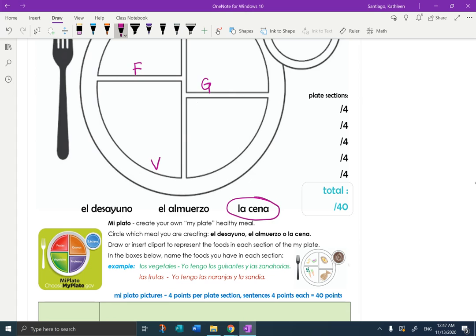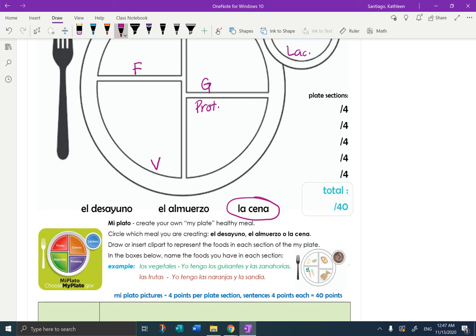And then below that is your proteínas. And then up here is your lácteos. So make sure that you get them in the right spot. So step 1, draw or put in all of your spots. And those plate sections are worth 4 points each. So this is the first half of your grade, is creating the My Plate up at the top.